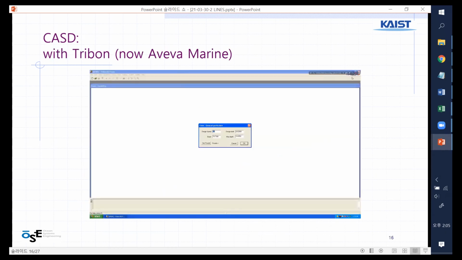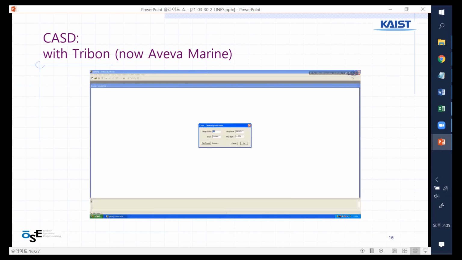And Tribon is a very famous software for ship design, a CAD system, originally coming from Sweden. But now it is merged into another company called Aveva. Aveva is a company from England.